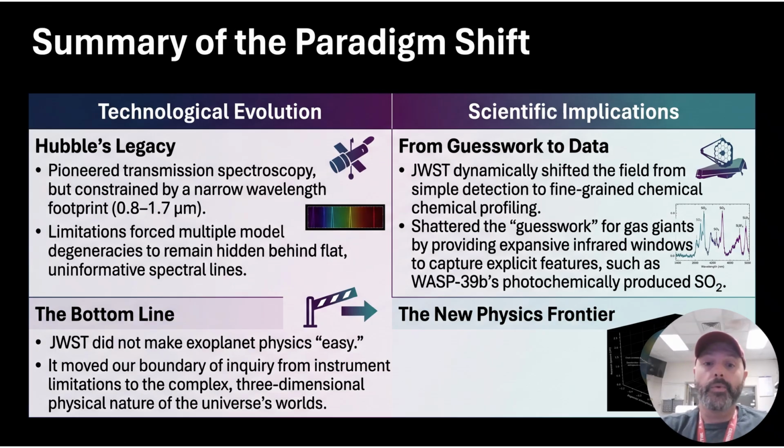We've moved past guessing what we are actually looking at, and have presented more problems with our better detection. So we're in a new era of exoplanet discovery and what we know about the universe.